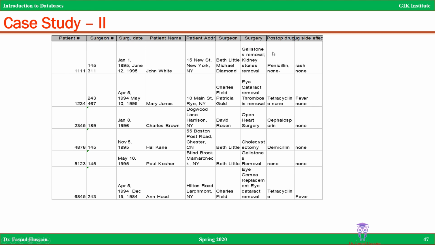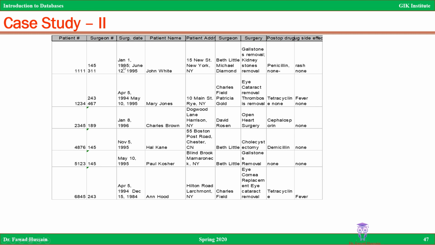For that, the drug prescribed was penicillin, and the side effect of this penicillin is that it can cause a rash.